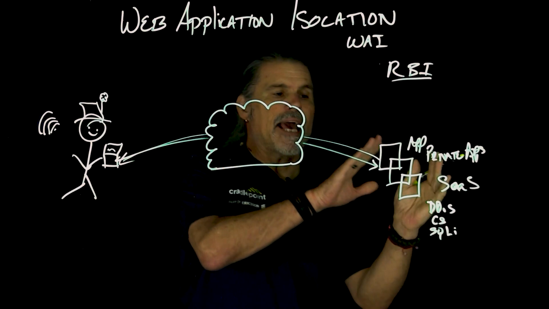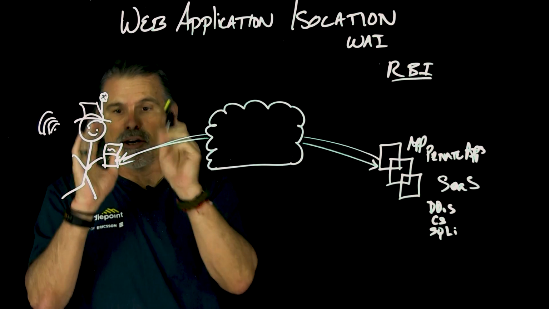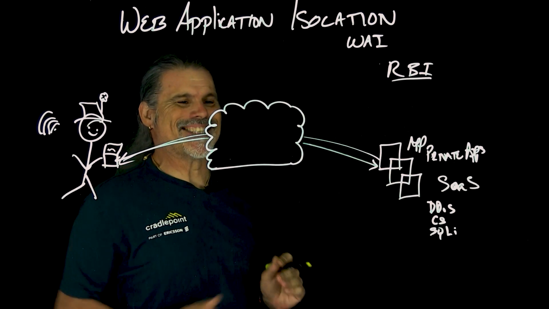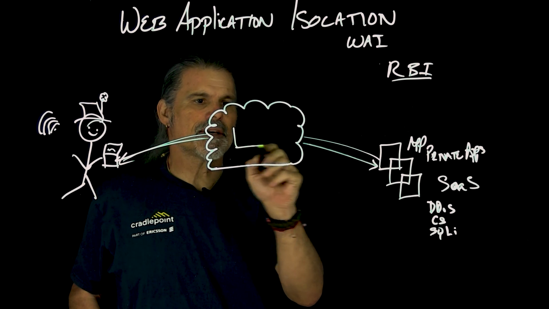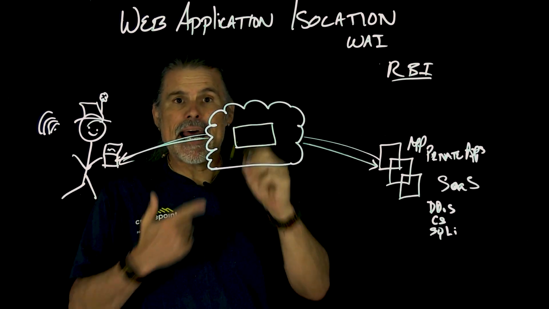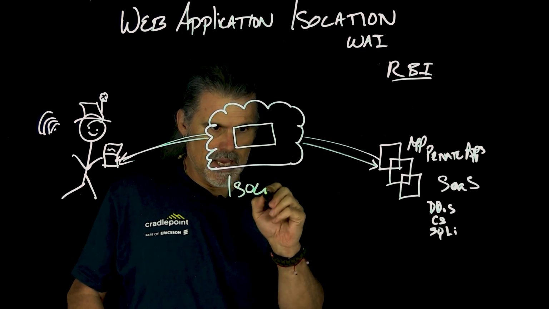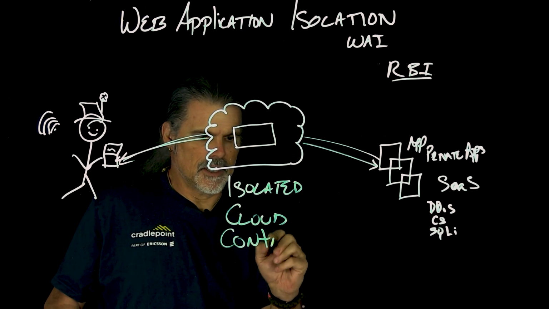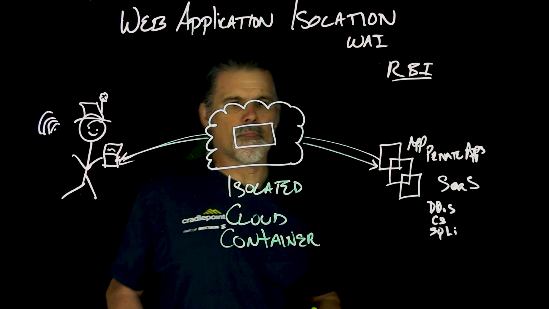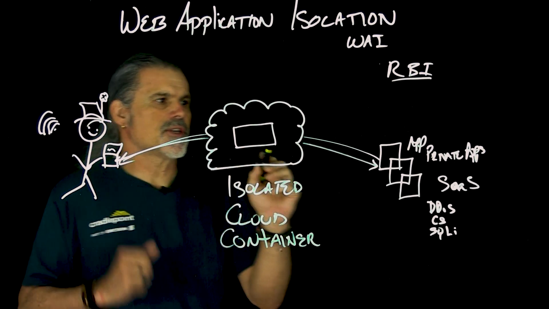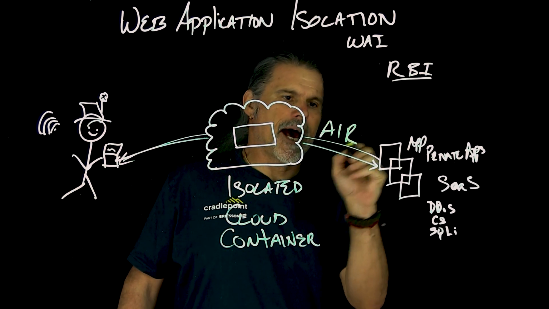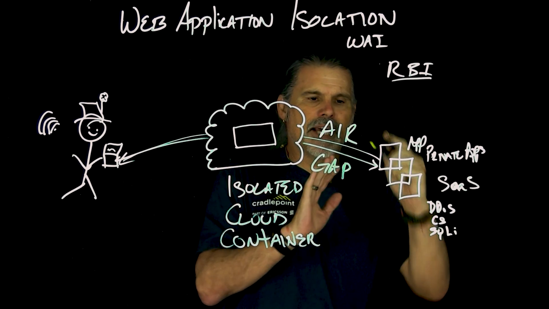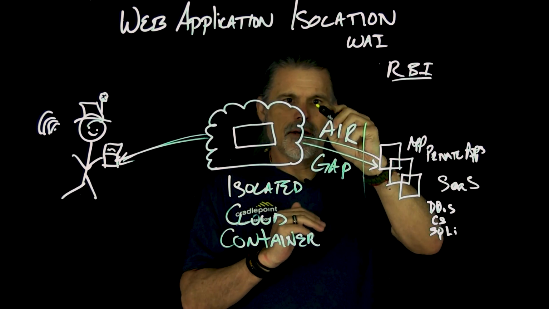So instead of having the user being able to connect directly to the application, let's basically put that application in an isolated cloud container. And so now what's happening is, one, we create an air gap between the user, the browser, and the applications itself.